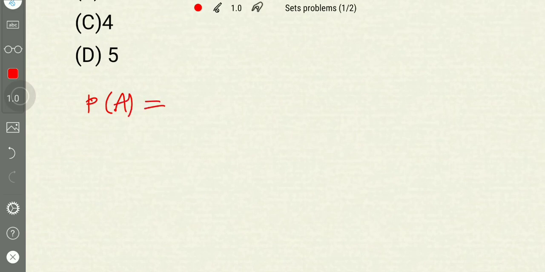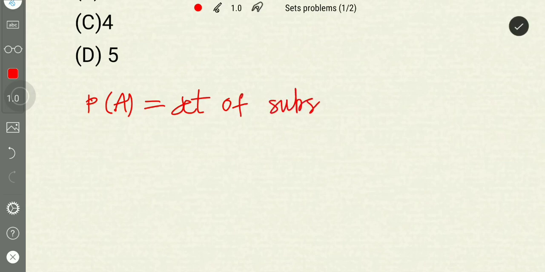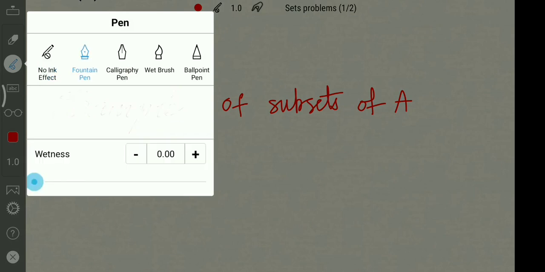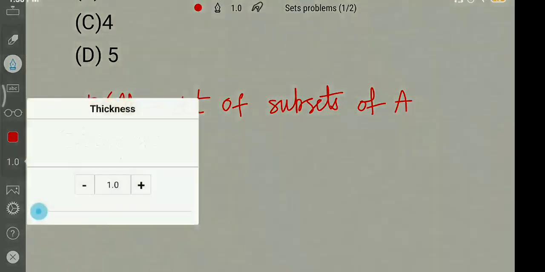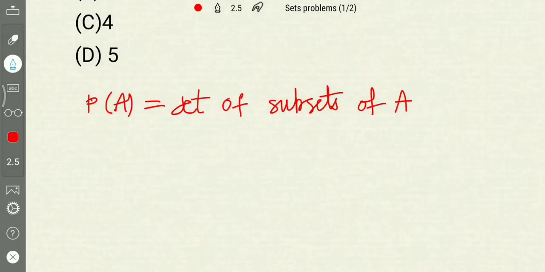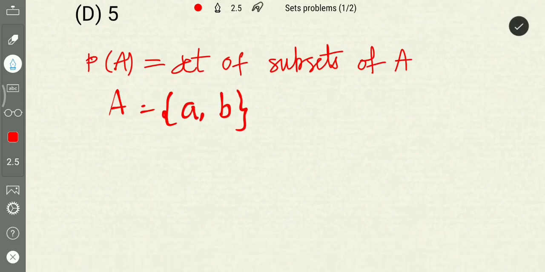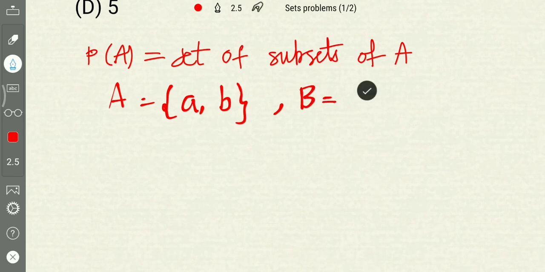P of A is the set of subsets of A. For example, A is a set having elements a, b, and B is a set having some elements a, b, c.